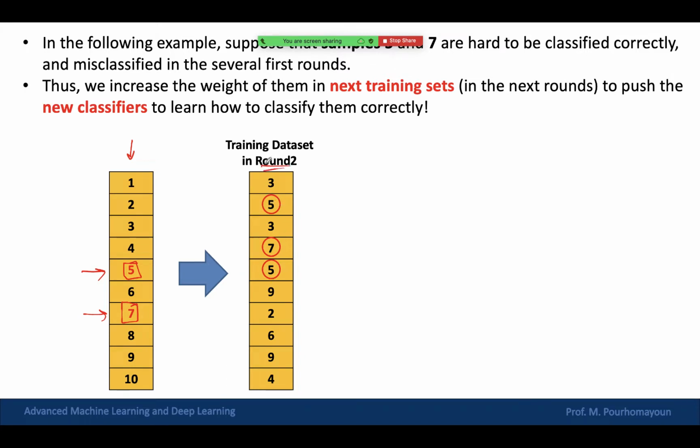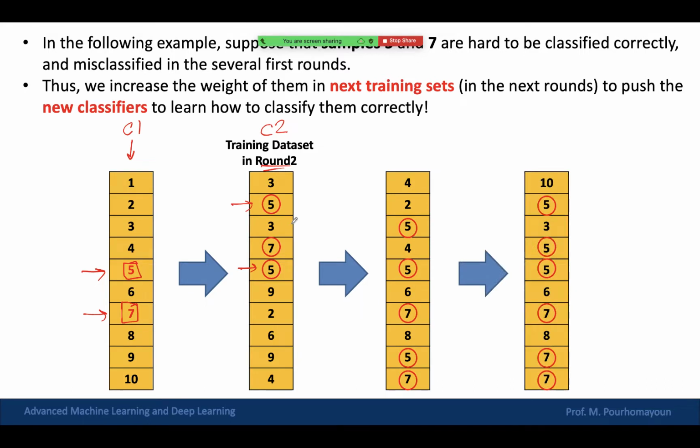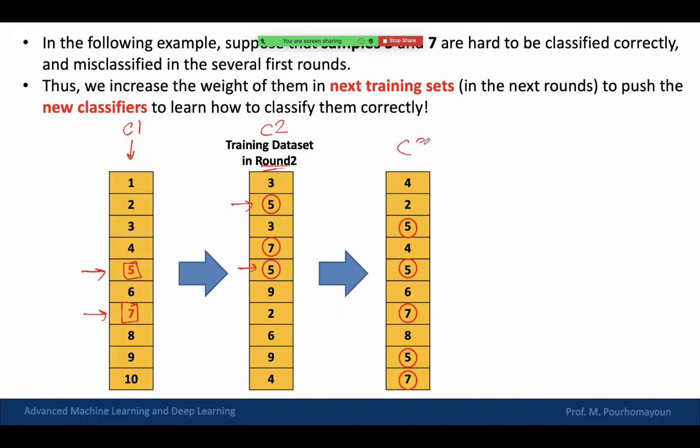So in round 2, the second classifier, remember this was classifier 1, this is classifier 2, not the same classifier. We will provide it with more 5s so that it can learn 5 better. Again, 5 and 7 are difficult samples. It misclassifies them, so we increase them. So this is the third classifier, classifier 3. This is what we provide as the training data to classifier 3.